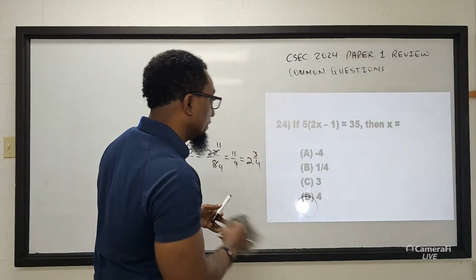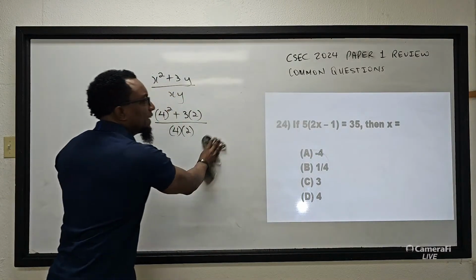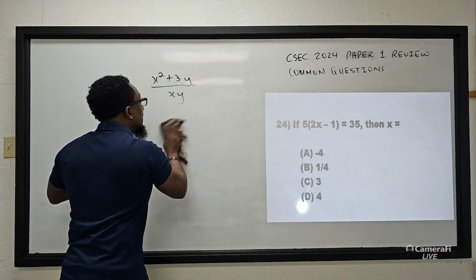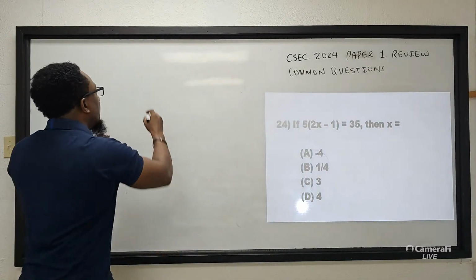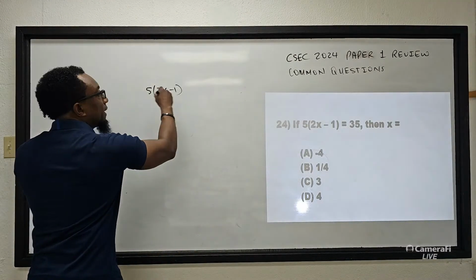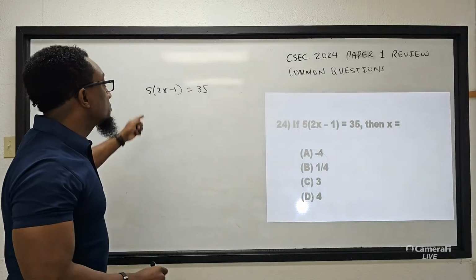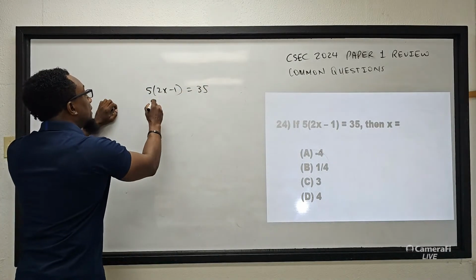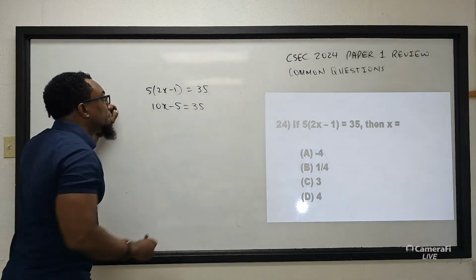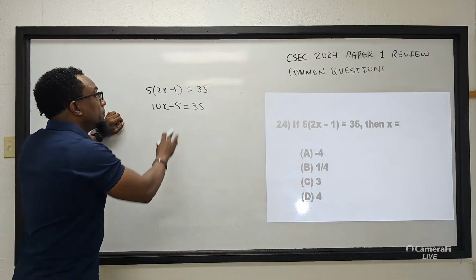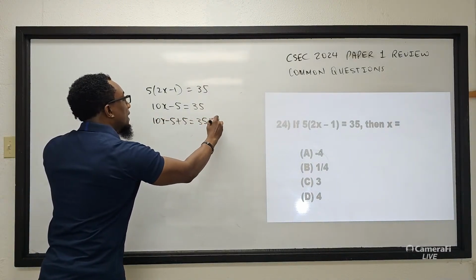Another very common question. Almost every day you see this question, or every other year. You want to solve for x: 5 times (2x minus 1) is equal to 35, so we know it's a simple equation. 5 by 2x is 10x, 5 by negative 1 is negative 5, is equal to 35, and I'm going to remove my negative 5 by adding 5 to both sides.